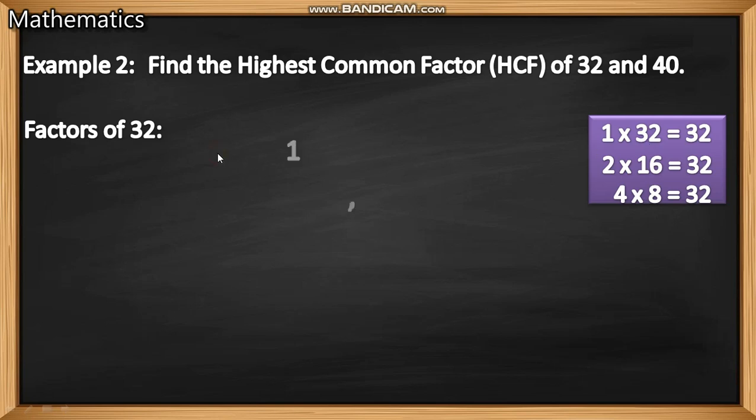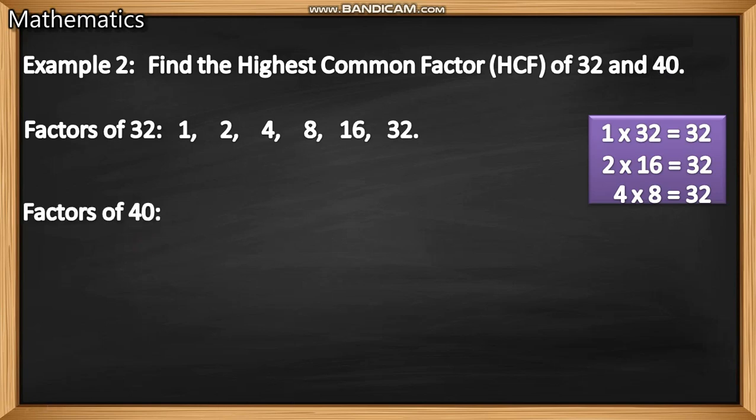I am writing 1, 2, 4, 8, 16 and 32. Then next we want to write the factors of 40, the second number. Which number into which number is 40?